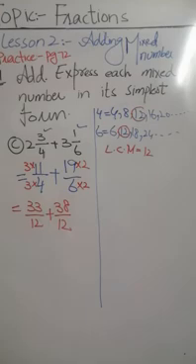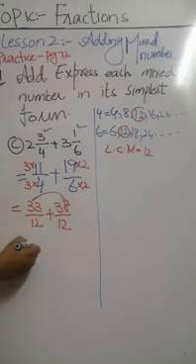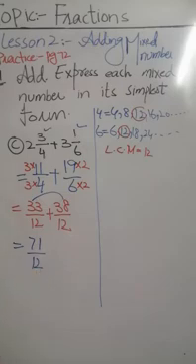Now we have the same denominators, so we easily add their numerators. 33 plus 38 is 71 by 12. Now we get an improper fraction.